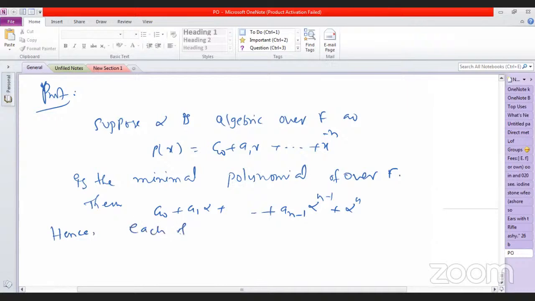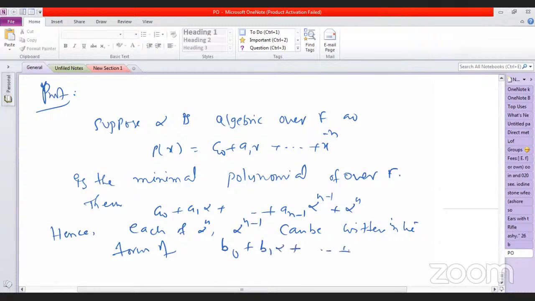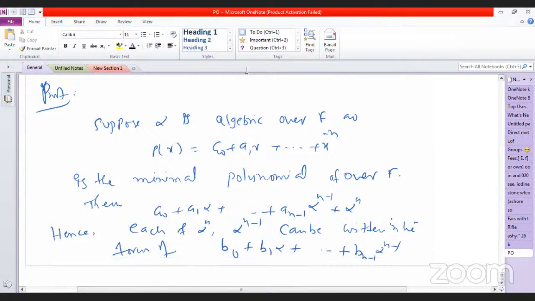Each power of alpha beyond n-1 can be written in the form b0 + b1 alpha + ... + b(n-1) alpha^(n-1). Can you write it or not? All of you?